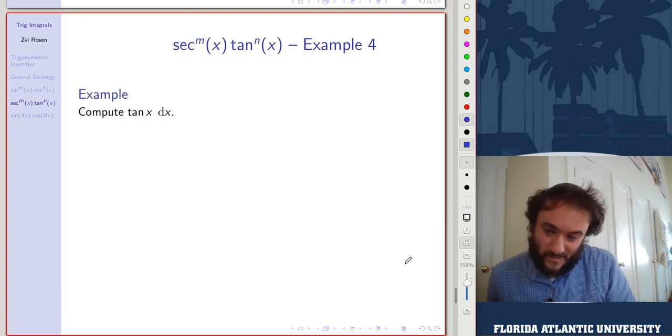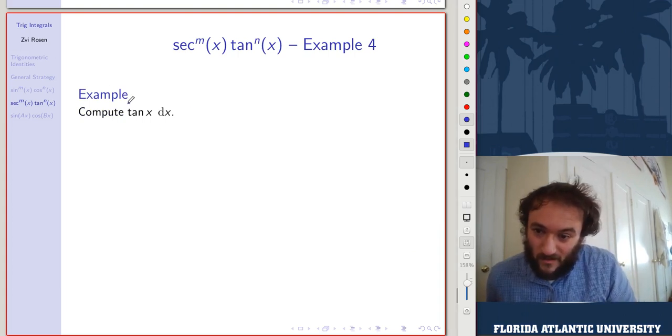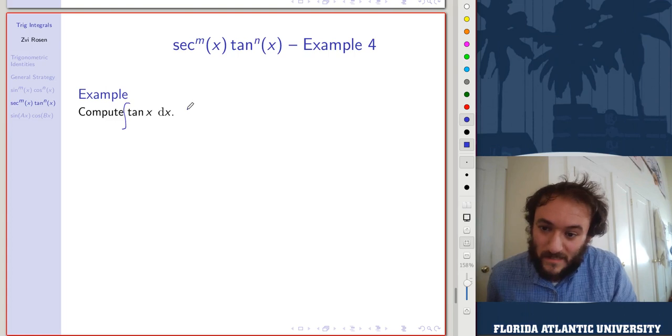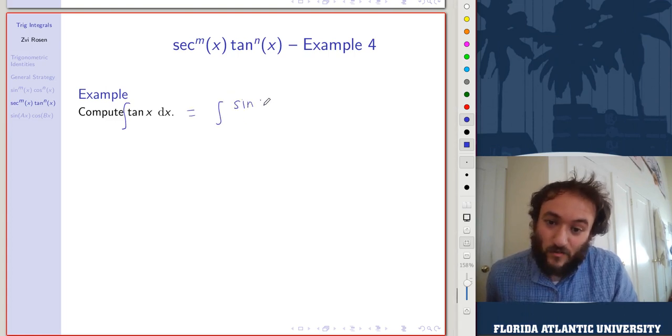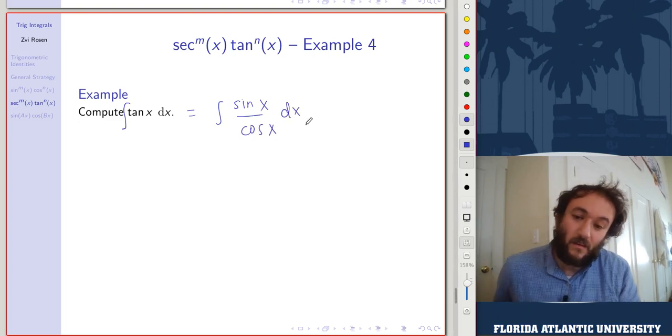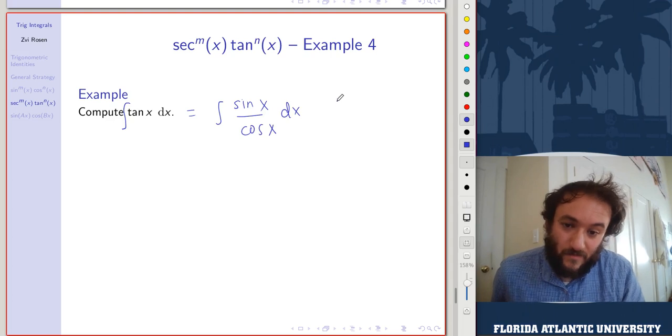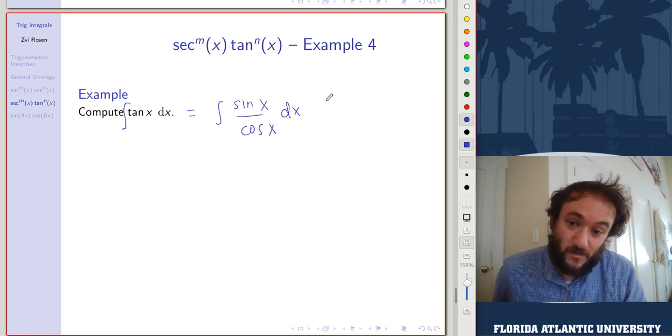Okay, this one is a little bit easier. So here, and again, the integral sign went missing. This integral, you can also look at it as sine x over cosine x dx. And here you have a much simpler u substitution.